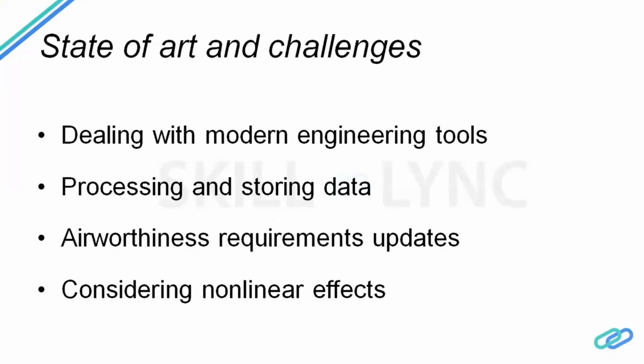And also when we have new materials, for example, composite materials, I think everybody knows that new aircraft such as the Dreamliner, Boeing 787, and Airbus 350 have a main structure made of composite materials, and these composite materials present non-linear behavior.